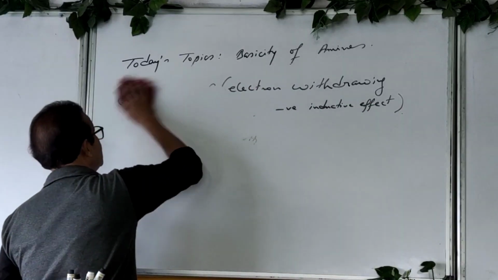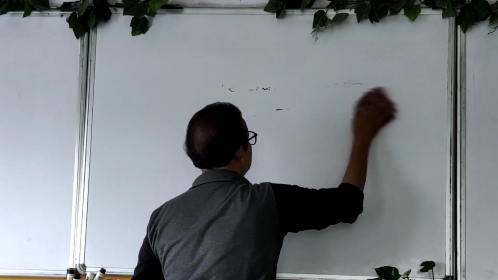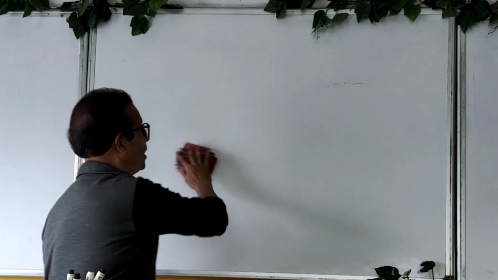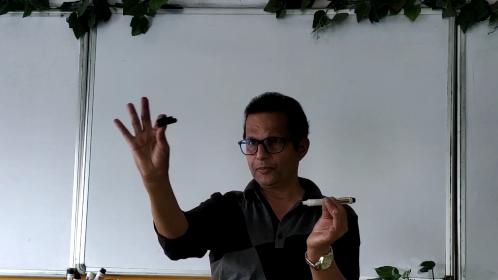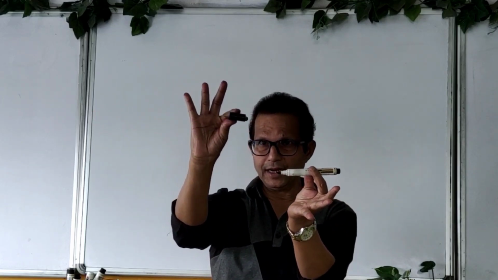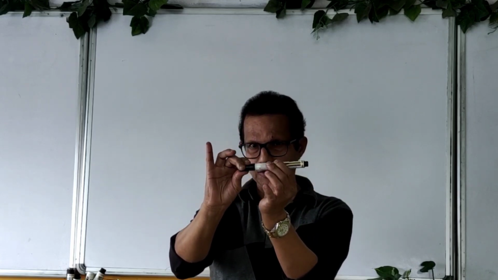Now another factor which the basicity of amines depends on is steric hindrance, because you know that a proton tries to get attached on the lone pair of the nitrogen atom. Say there are bulky groups.